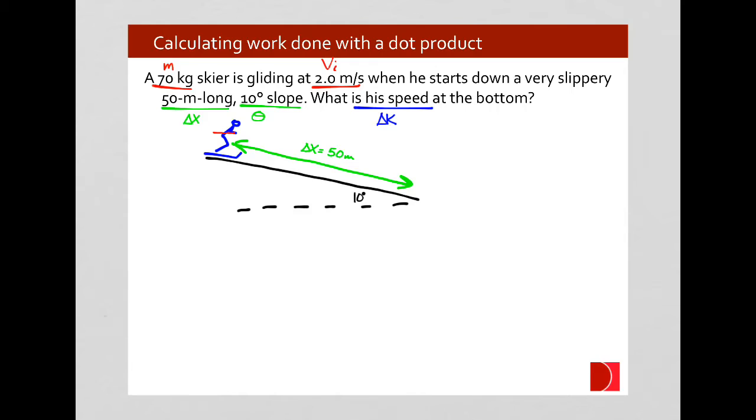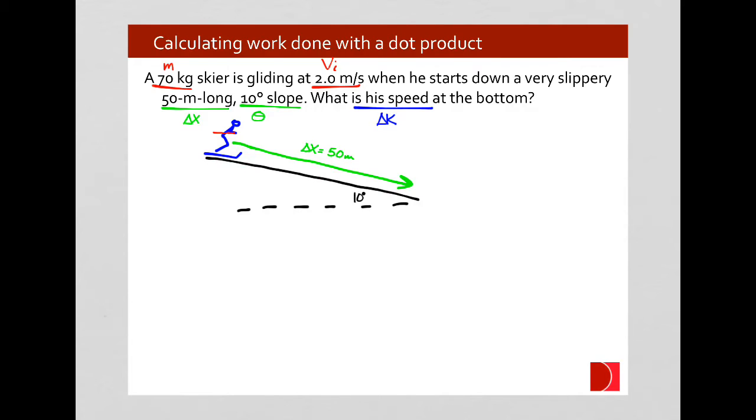But he's not going 50 meters in a straight line. In fact, his displacement vector is 50 meters in this downward direction, downward along this inclined plane.